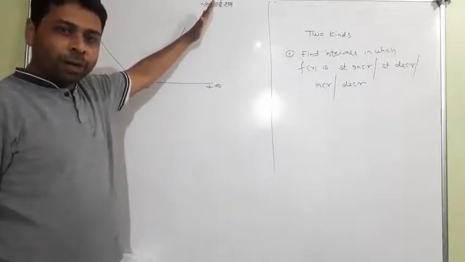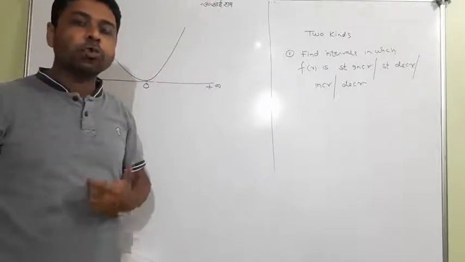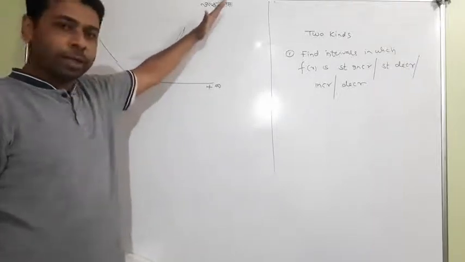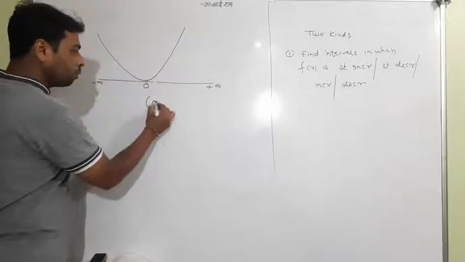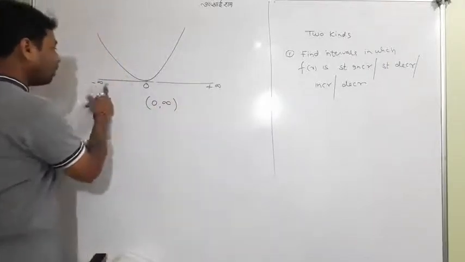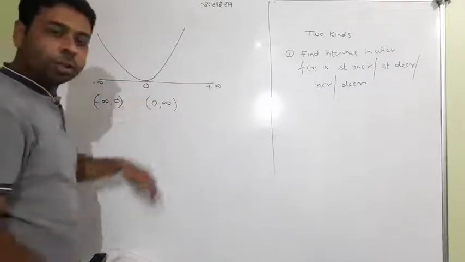You can identify the particular interval in which it is strictly increasing, which is 0 to infinite. From 0 to infinite it is strictly increasing, and from minus infinite to 0 it is strictly decreasing.